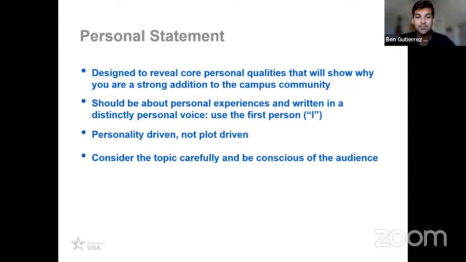And then the last point before I jump into a few examples: consider the topic carefully and be conscious of the audience. This is not to say that you should write an essay that you feel is what an admissions committee wants to hear. But at the same time, be conscious that someone reading the essay may have specific religious beliefs, may have specific political beliefs.